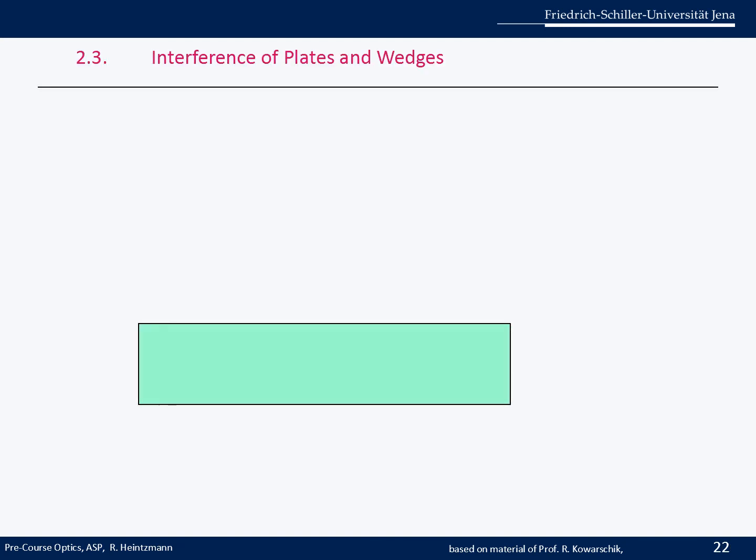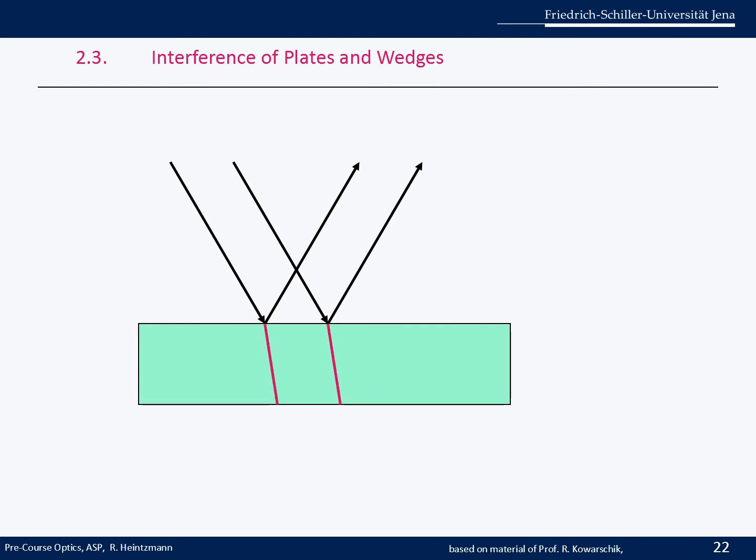Imagine now that we have a slab of glass or another material, maybe a film of oil or something like this, and light hits it, and we get reflected light and refracted light, and the refracted light is then reflected at the rear surface of the material again and returns.